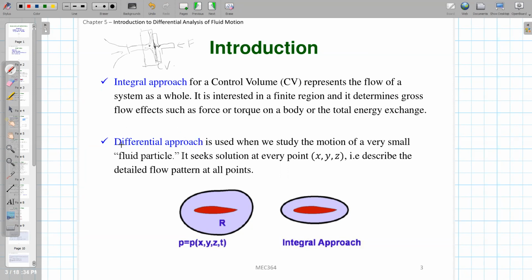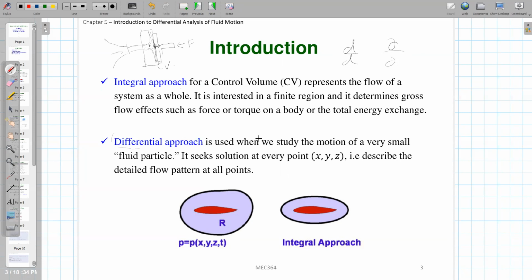From this term, you will know that the governing equation you derive will not be in the integral form. It will become a differential equation, either an ordinary differential equation or a partial differential equation. There's no integral sign anymore. You only have d something or partial something, ordinary derivatives or partial derivatives.